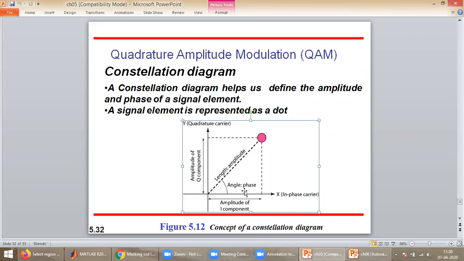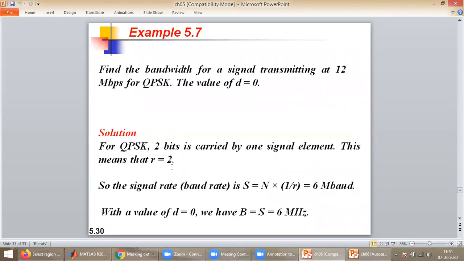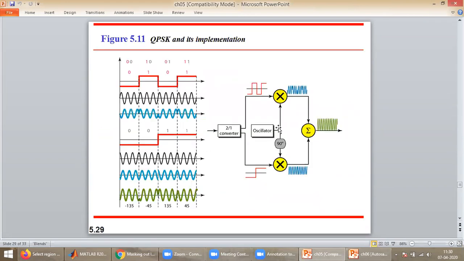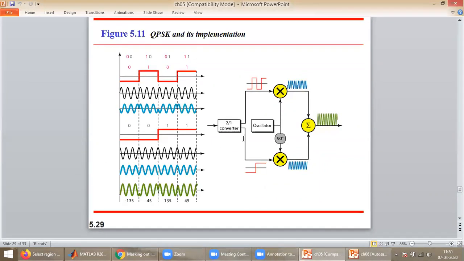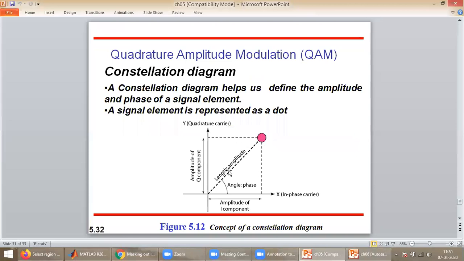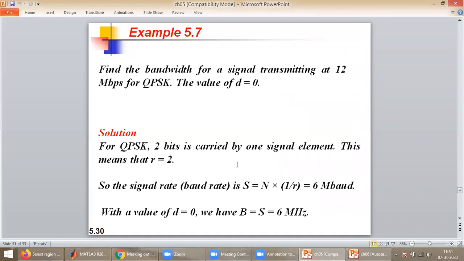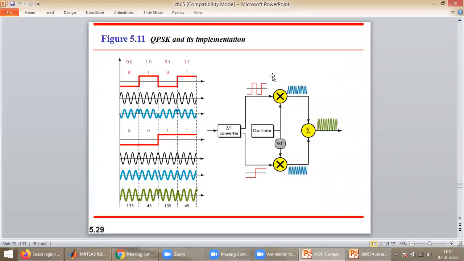You need to add 90 for out of phase. The same concept applies: to calculate the angle, take the angle between the x-axis and the signal element.